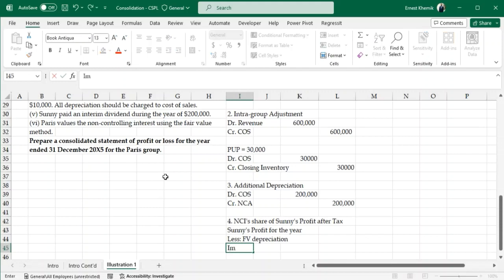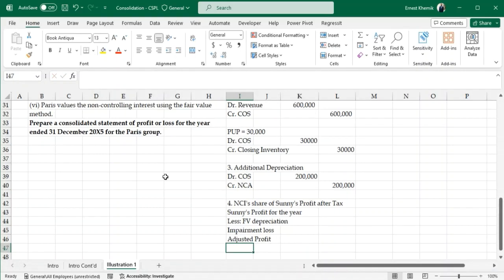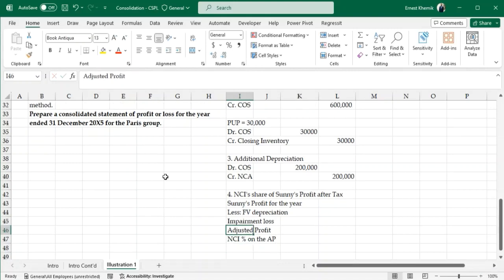Now, impairment loss is not always here, and I've explained that in my previous video. Then we'll have our adjusted profit, and then we are going to strike the NCI's percentage on the adjusted profit to get our NCI's percentage share.